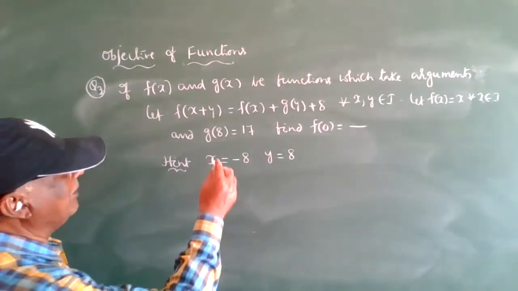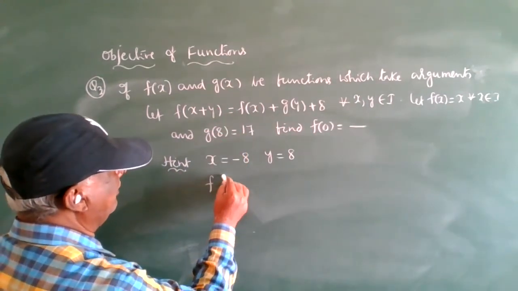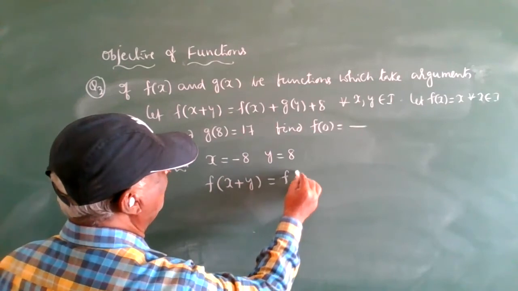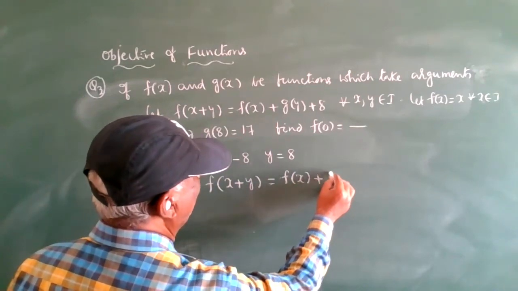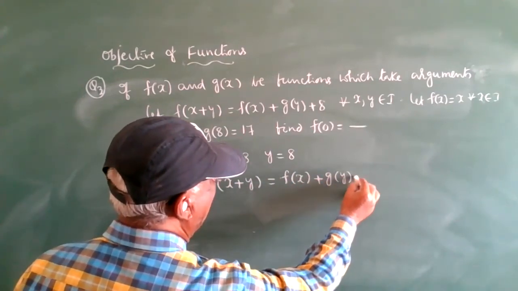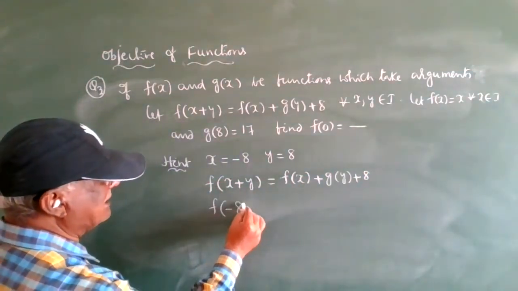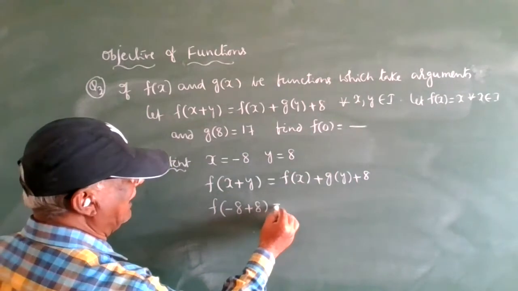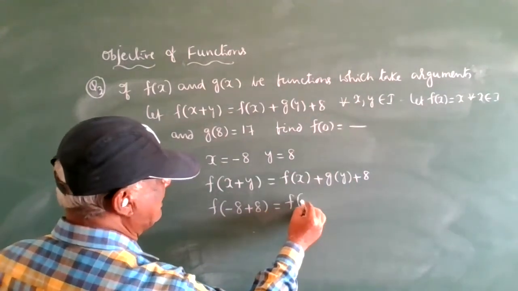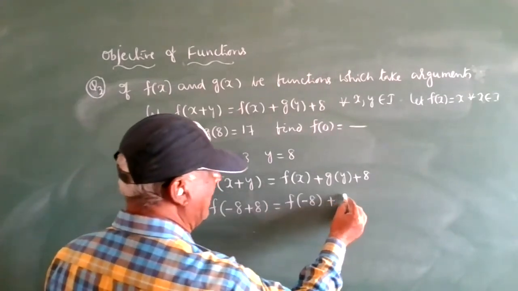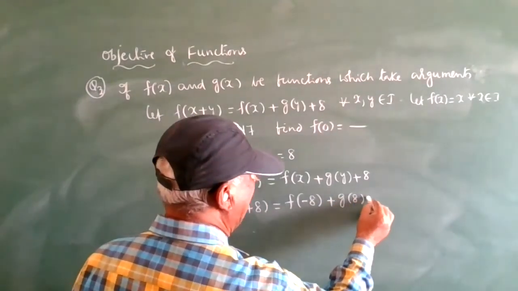Okay, right? Everyone see f of x plus y is equal to f of x plus g of y plus a. Now see, x place is minus 8, y place is plus 8. F of minus 8 plus 8 is equal to f of minus 8 plus g of 8 plus 8.